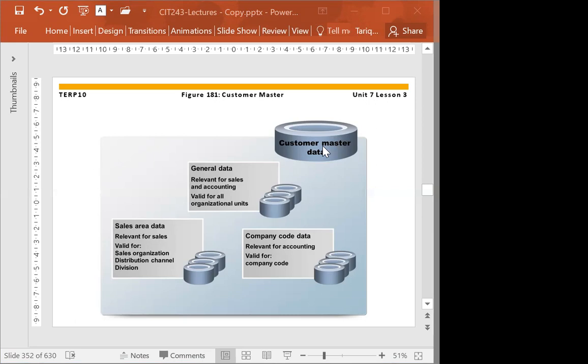General data has the name, customer number, address and telephone. This is general data about the customer, the company name. Then we have sales area data. This customer is going to deal with which sales organization, which distribution channel he is going to use, which division he's going to deal with.